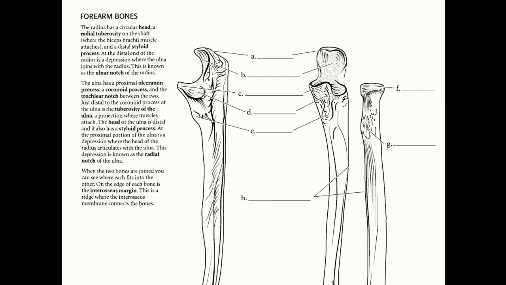If you look at A, we're looking at this top portion here of the ulna. By the way, a quick way to figure out which one you're looking at: the ulna has a U shape for ulna. And part of that U shape, which is right here, is our olecranon process.